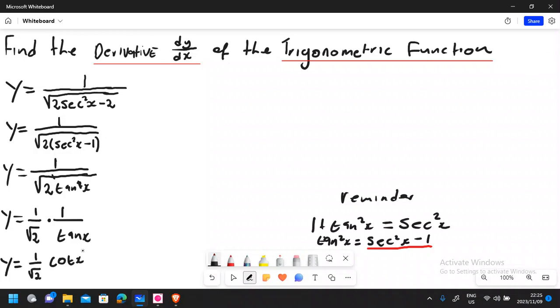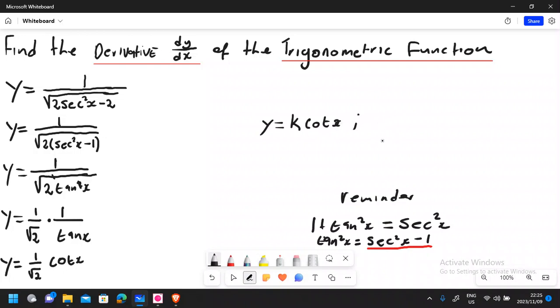Now that we have this, let's choose the formula. Let me write it here so that we can remember. Now we have y equals half, 1 over root, no, sorry guys, not 1 over root, this is going to be k, and then cot x. We don't have n, the coefficient of x, so it's just x here.